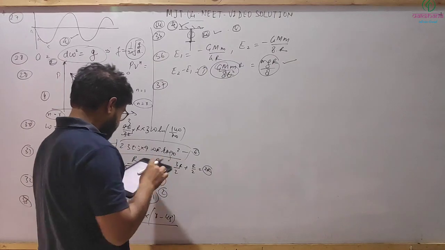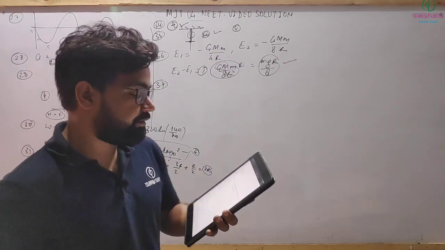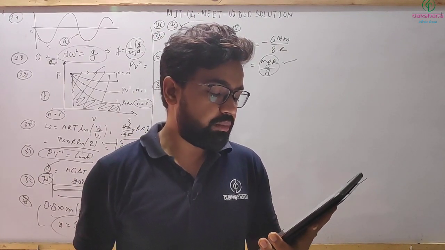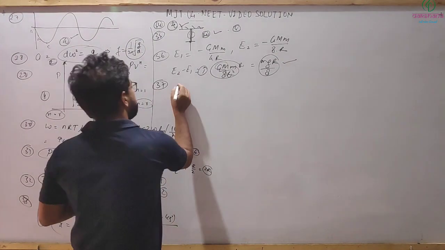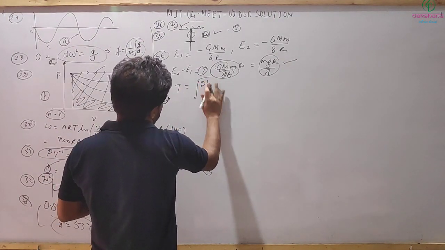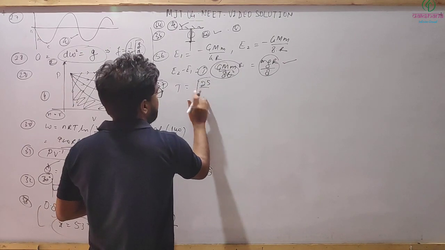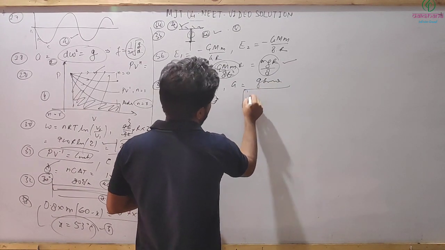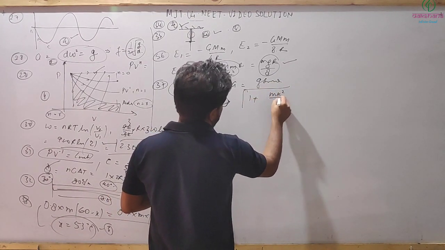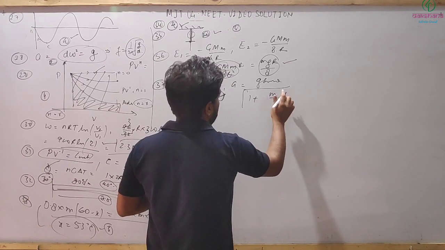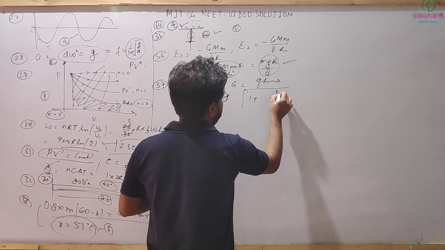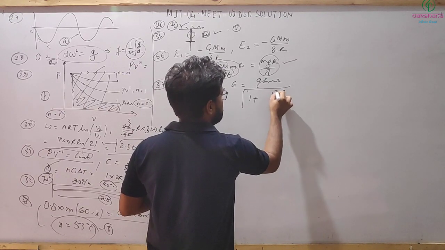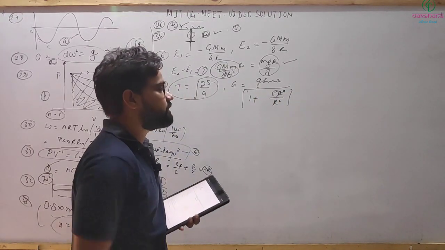Question number 37. Two solid spheres of different mass, radii and density roll down a rough inclined plane under identical situations. Their time to come down depends on what? Time is equal to root over 2s by a. Now a is given by g sin theta divided by 1 plus k square by r square. k can be written as some constant c times r, so the r cancels out, and c is another constant.